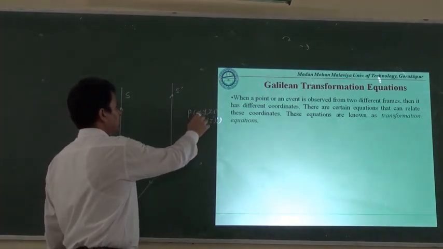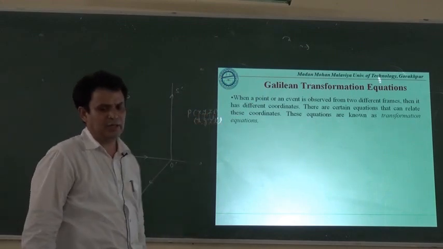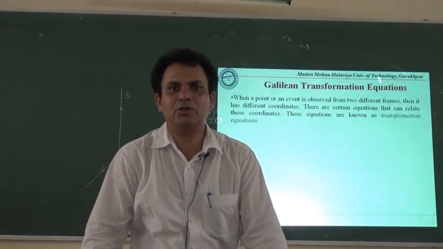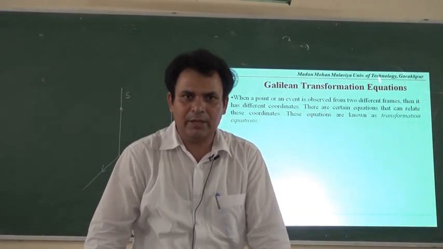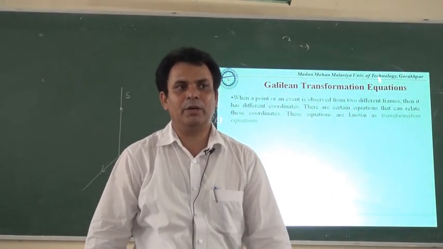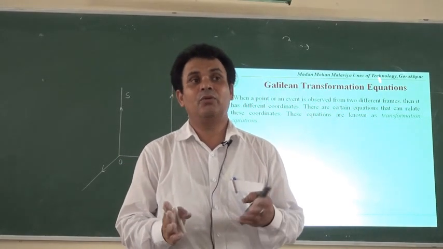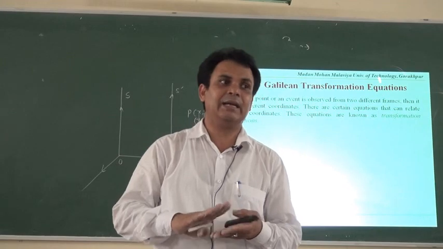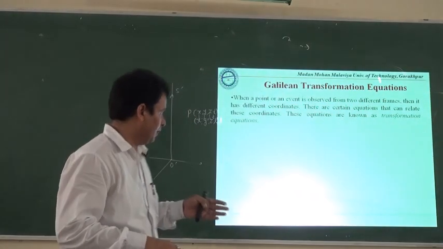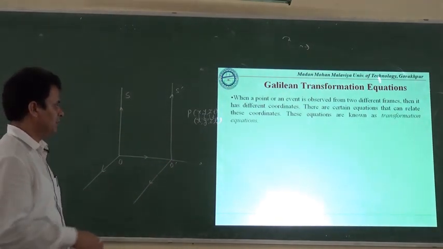Then the relation between these coordinates is known as the transformation equation. It means that we can transform the information about a particular event or a point if we know the relation between the motion of two frames of reference, and we also require that the data has been measured by at least one of the observers, either in this frame of reference or in this frame of reference.